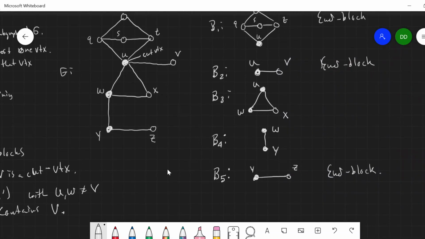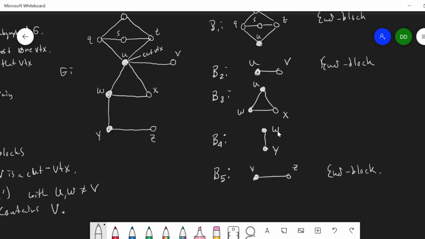So what this is saying is if I picked, say, X and Z in these 2 distinct blocks, then, or sorry, I guess I can't say that because these blocks don't share a vertex.